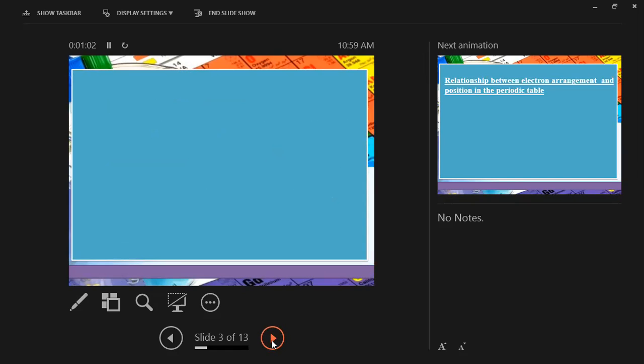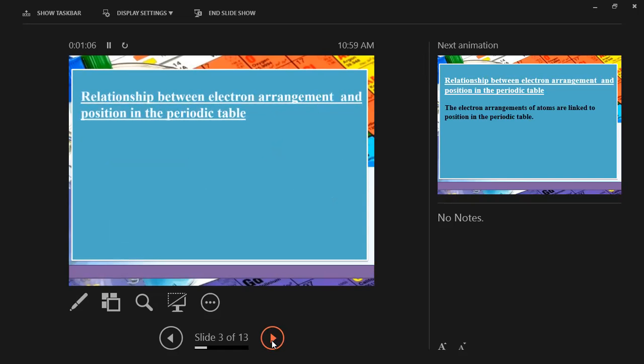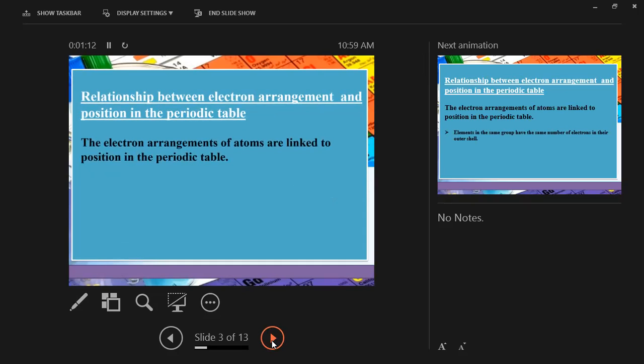Wait for next. You can see here, what is the relationship between electrons. Electron arrangement of an atom is linked to its position in the periodic table. It means where they are present in the periodic table. If I say carbon, where is carbon present in the periodic table? Carbon is in group 4.